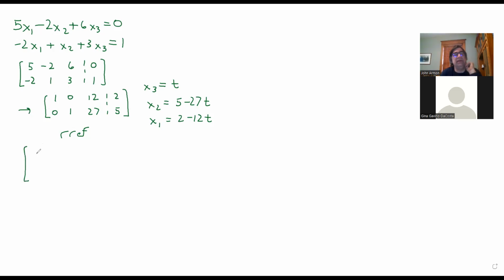So a couple different ways you can write this. We write it as a column vector. And you could first write it this way. X sub 1 is 2 minus 12t. X sub 2 is 5 minus 27t. And X sub 3 is t.